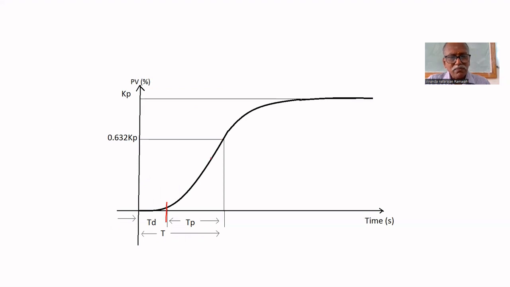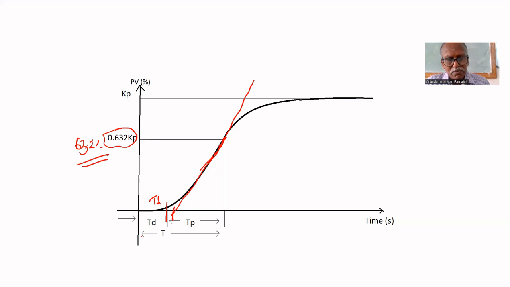At the point of inflection, draw a tangent. Where it cuts the time axis, up to that is dead time. From that point, we have to find the time taken to reach 63.2% of the final value.